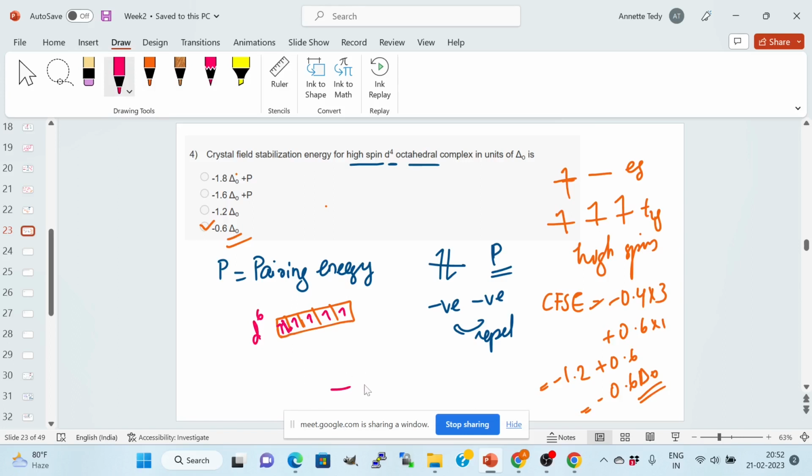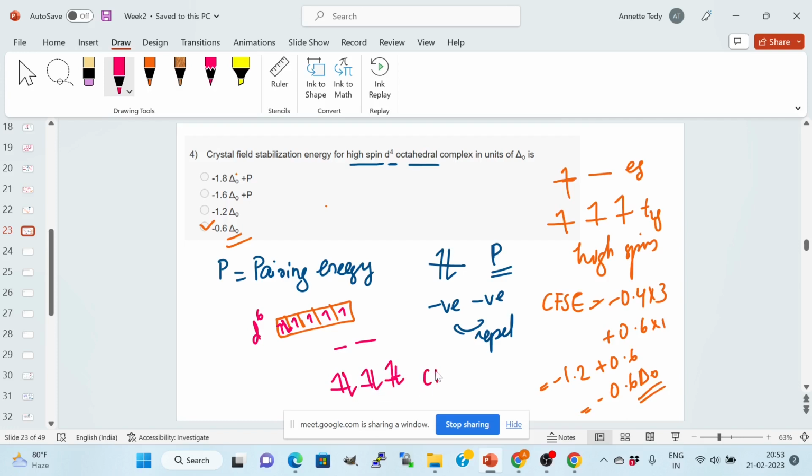So now if I say that I have a high spin octahedral complex of d6, then I will write like this.